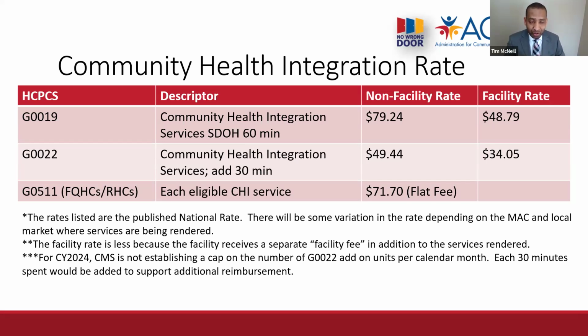The first code, G0019, reimburses for the first 60 minutes spent by auxiliary personnel addressing a social need. And then G0022 is an add-on for every 30 minutes after the first 60 minutes. There is no cap or limit to the amount of these services that can be delivered to address the need.